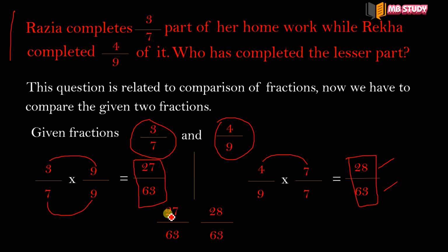By comparing 27 and 28, 27 is less than 28. So that means 27 by 63 is less than 28 by 63. We have to use the less than symbol here. 27 by 63 less than 28 by 63.